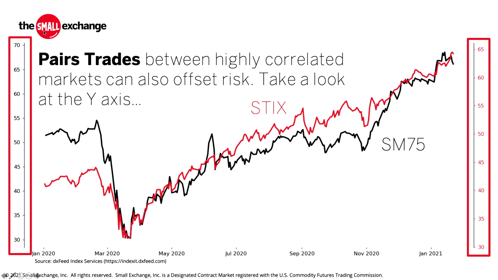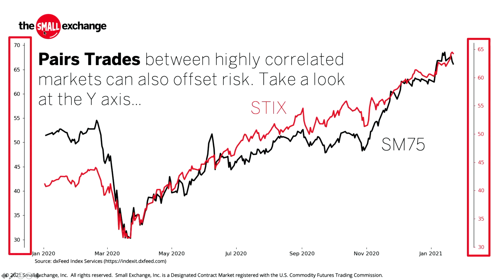And then also I want to get a little bit to that component, which is the risk reduction and adding time. So put your eyes, if you will, please, on those y-axes here and look at the fact that in black we have SM75. Its range for the last year is from $30 all the way up to $70. And every dollar there from Small Exchange products is worth $100 notionally, similar to just 100 shares of stock.